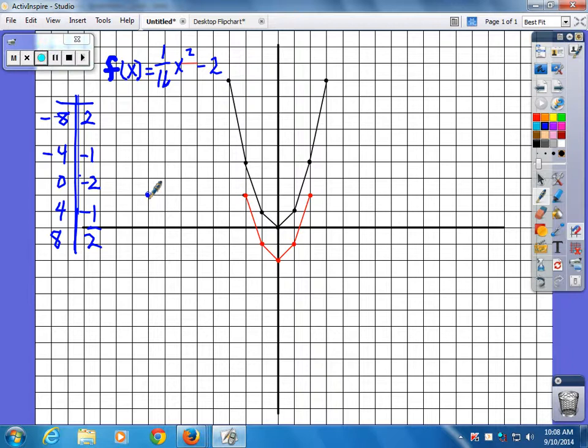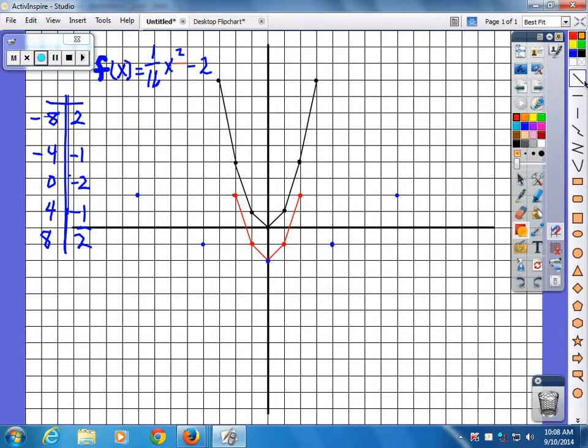Negative 4, negative 1, negative 1. 0, -2. 4, -1. It's going to look right. 1, 2, 3, 4, -1. And 8, +2. How does that look? Looks like an old satellite dish.